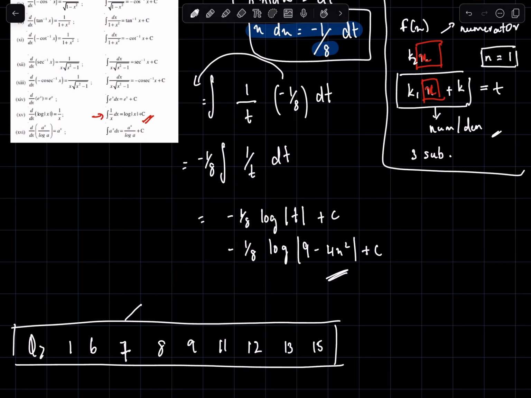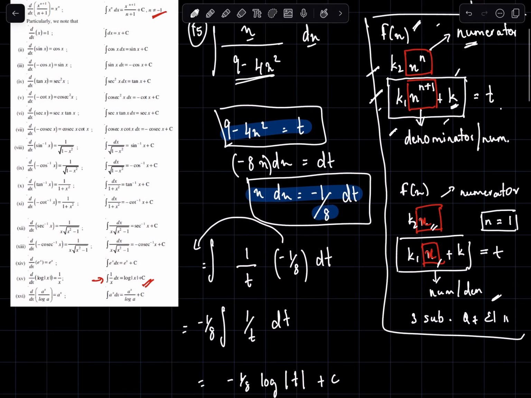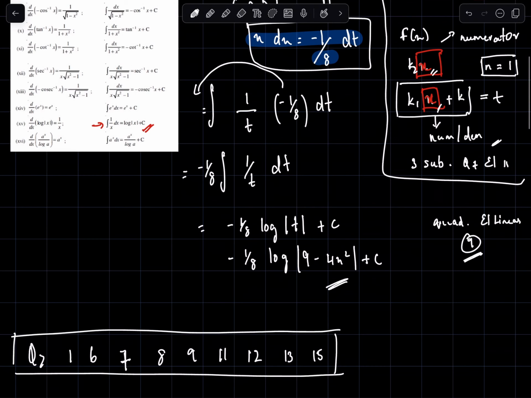So the second part applies for questions 7 and 11. And a unique case is when you have a quadratic and a linear equation together, which is question number 9. This was the tricky one. Other than that, everything was the same.